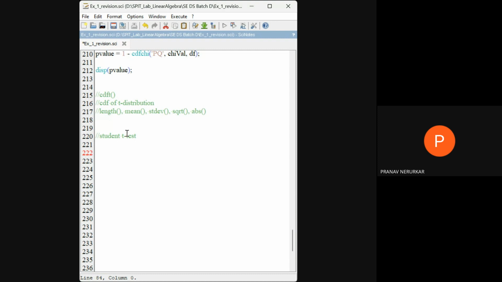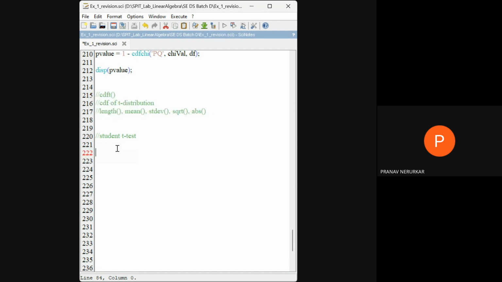We will not go into the details of this test; there are many versions, one-sided, two-sided. We don't have to worry about those versions. I want to focus on how these functions can be used.